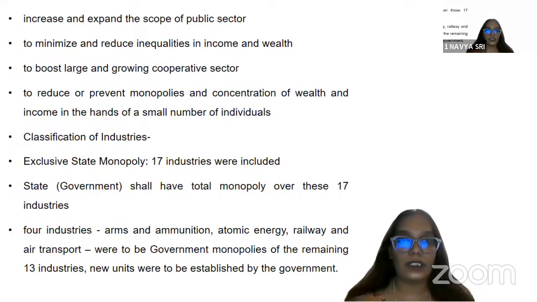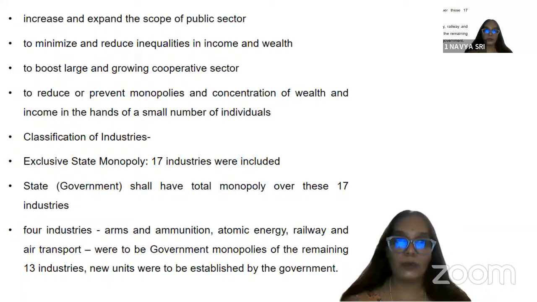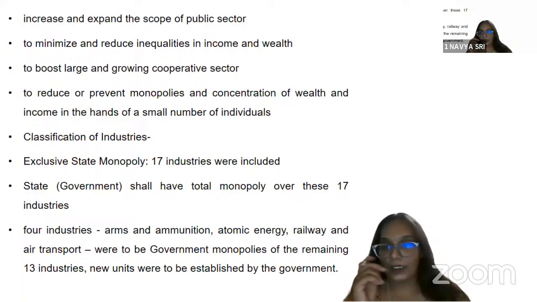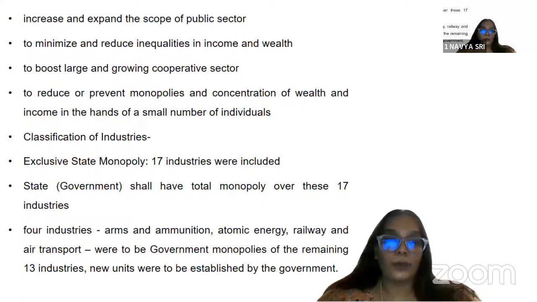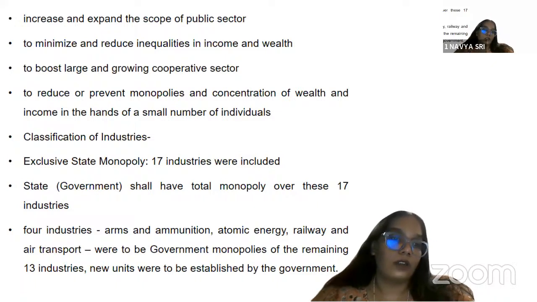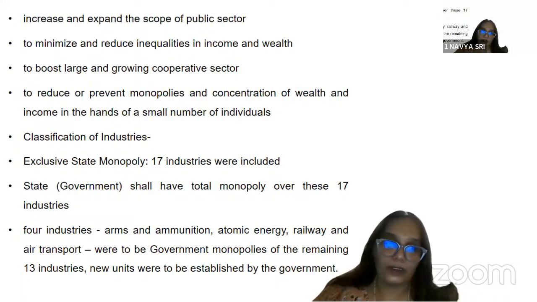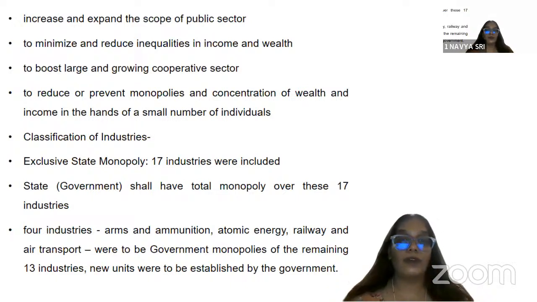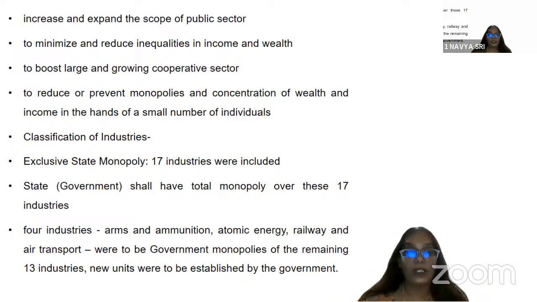This leads to reducing inequalities and boosting the large and growing cooperative sector. So in a way this reduces poverty, gives employment opportunities, and also boosts the cooperative sector. Then to reduce and prevent monopolies, which is the main agenda of any industrial policy.